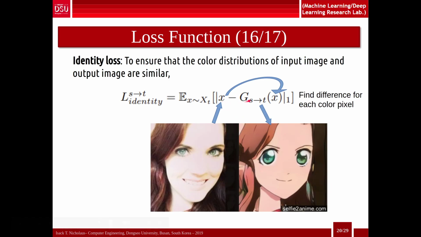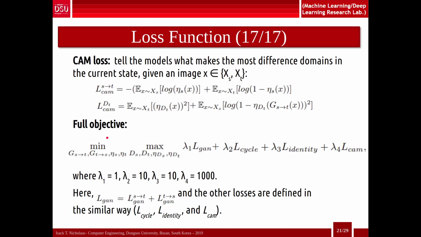So the lower the better. By lowering this difference, it guarantees the similarities between the two images, the given input and the generated image after feeding in this given input. So this will guarantee us to get similar colors as the given input.